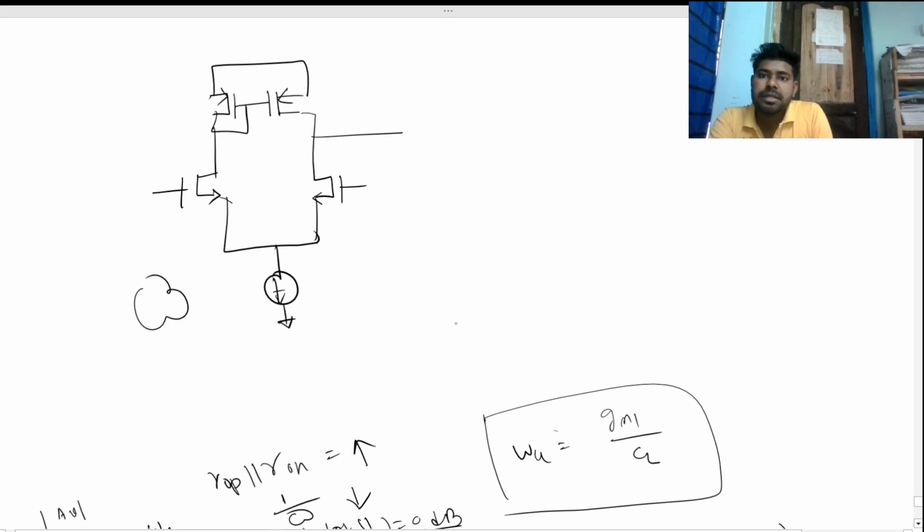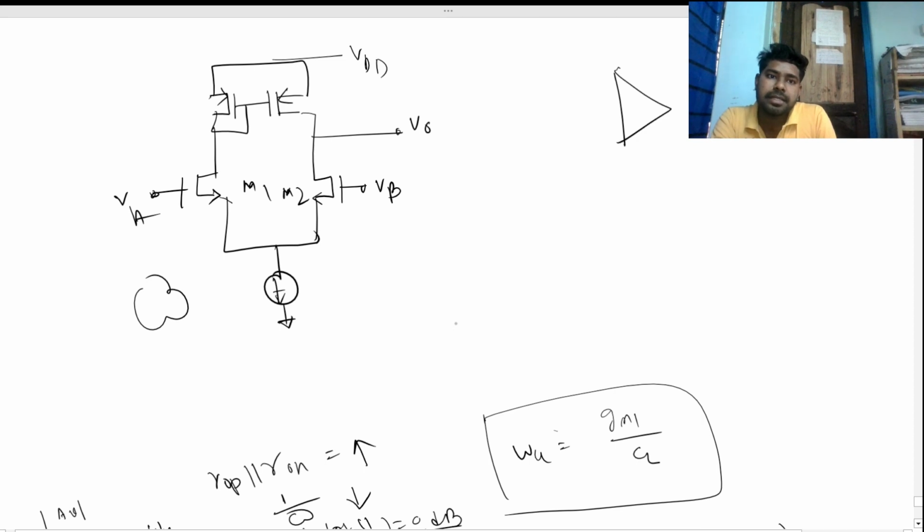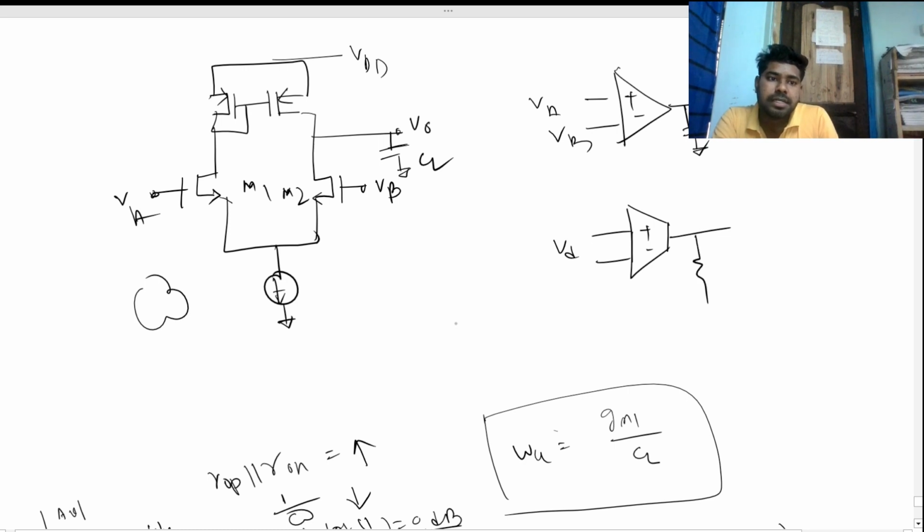This is our VDD and this is our V out. This is M1, this is M2, VA, VB, and we can convert this like this, plus minus VA, VB and V out. And we have a capacitor CL. Furthermore, we can convert this like this, plus minus, let's say this is VD, and there is an output conductance and a CL.